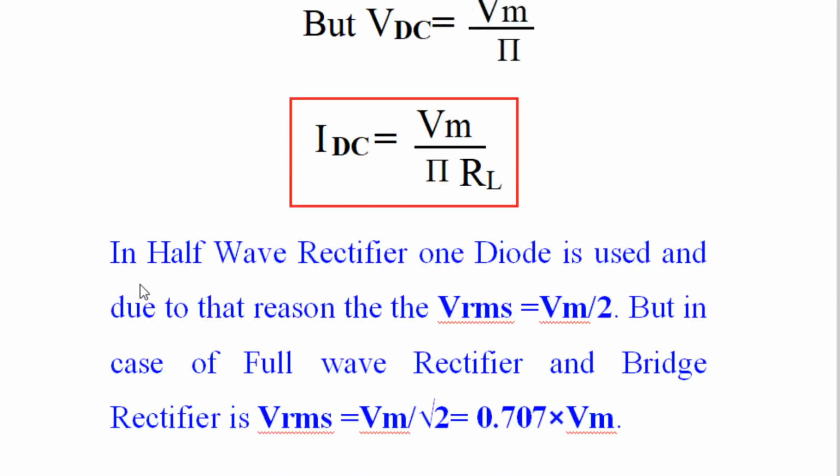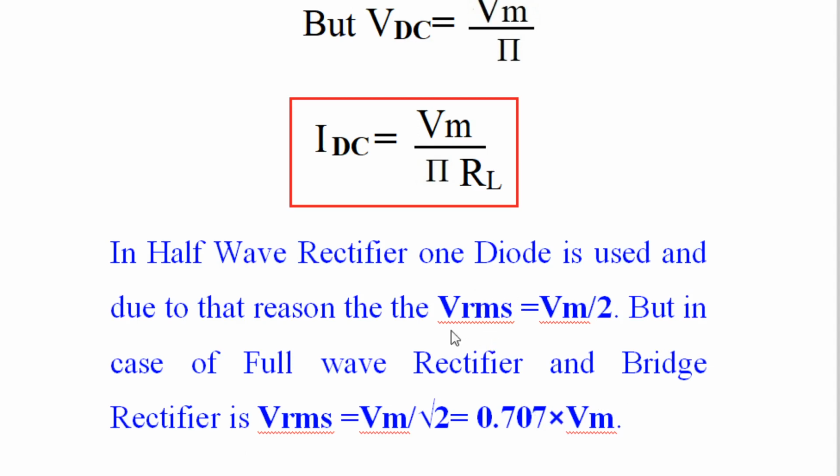And here in the half wave rectifier, only one diode is used, and due to that reason, these are IDC and VDC. VRMS, the root mean square value, is Vm divided by 2. This we are going to derive separately. Just remember this here. But in case of the full wave rectifier and the bridge rectifier, two diodes are used.